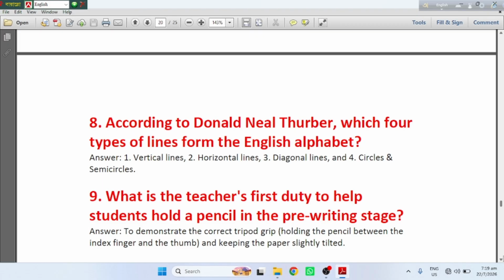What is the teacher's first duty? To help students hold a pencil in the pre-writing stage, to demonstrate the correct tripod grip, holding the pencil between the index finger and the thumb, and keeping the paper slightly tilted.